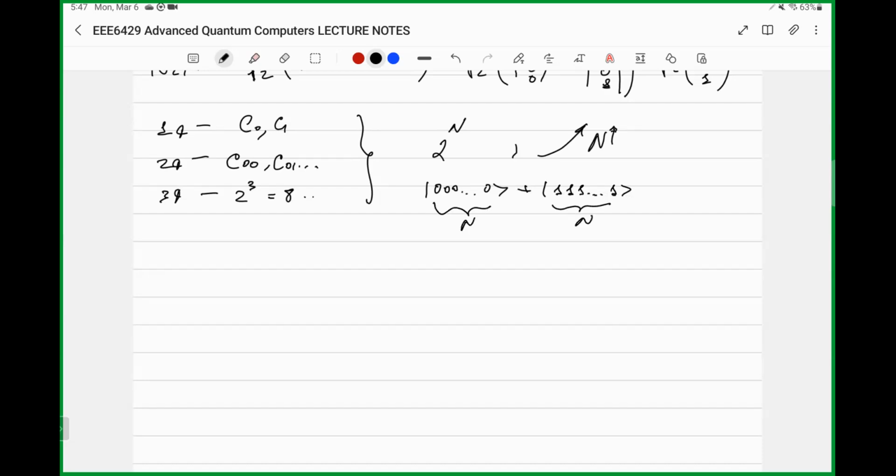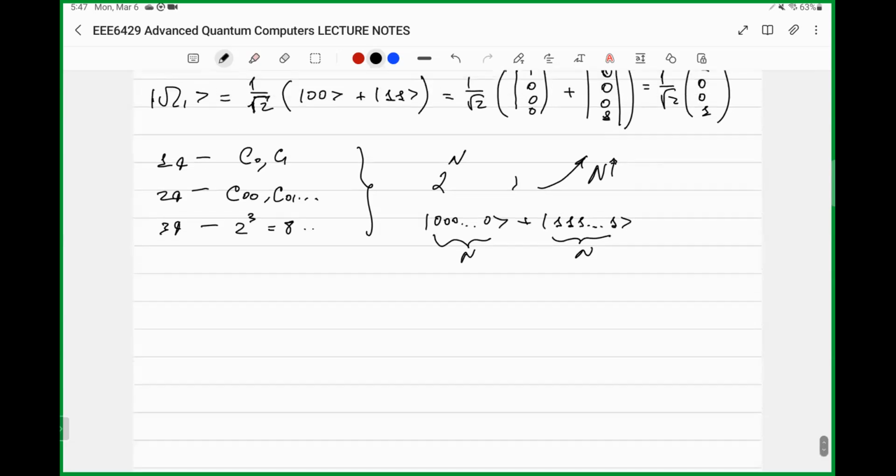And this will be another type of state, and this also will be an entangled state, but of n qubits.